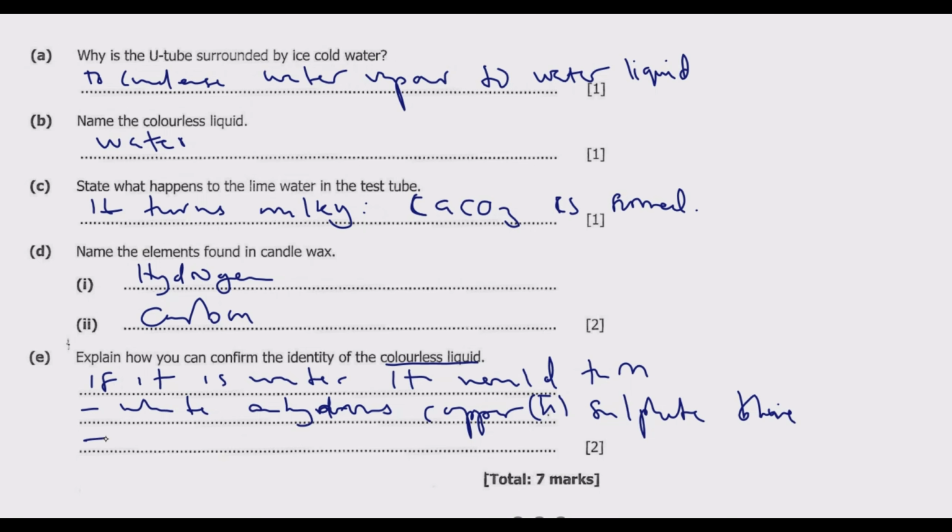The second way that you can do it is dropping the drops of this colorless liquid on cobalt chloride paper, which would turn pink. So it will turn cobalt chloride paper pink once you drop some of this colorless liquid on it. You can go with either of these two. You should be able to get this question correct. This is how you get the 7 marks on this question.